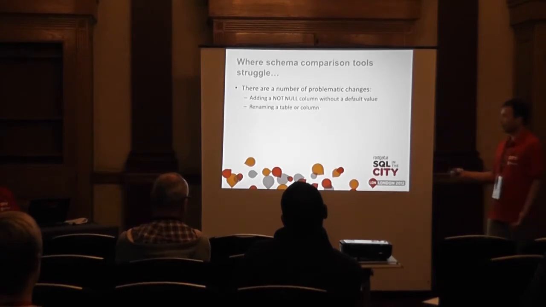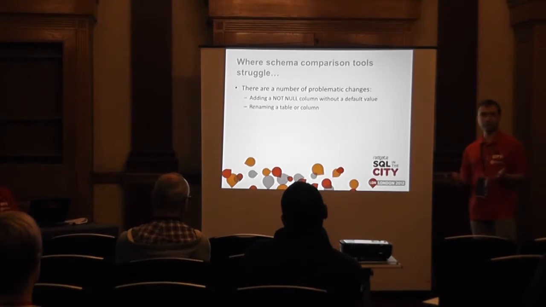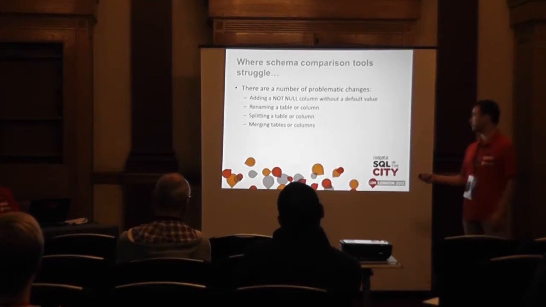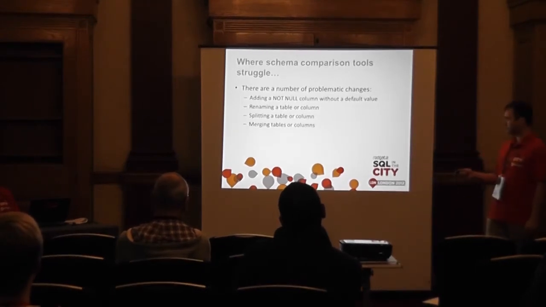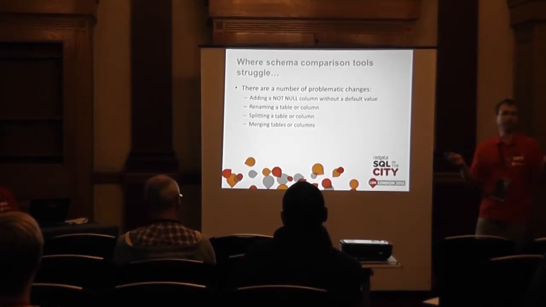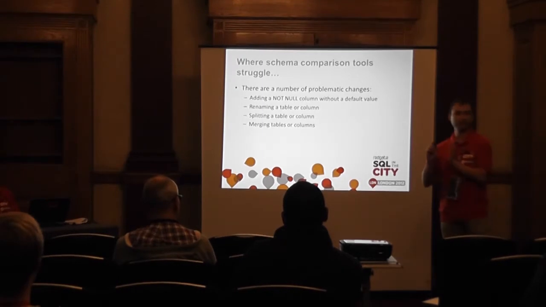So renaming a table or column, we covered that. That's obviously something that is ambiguous. It could mean two things, so it doesn't have that information. Splitting a table column is where you take, let's say, a full name and you split it into first name and last name.